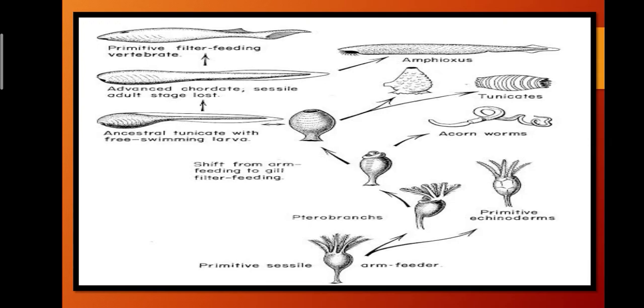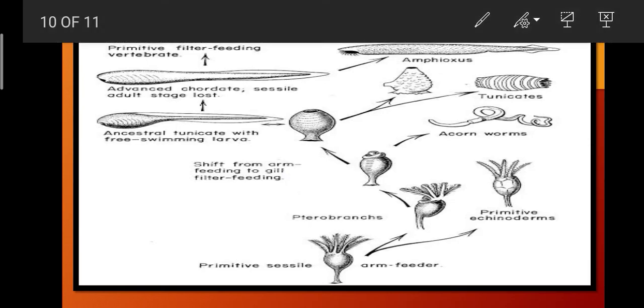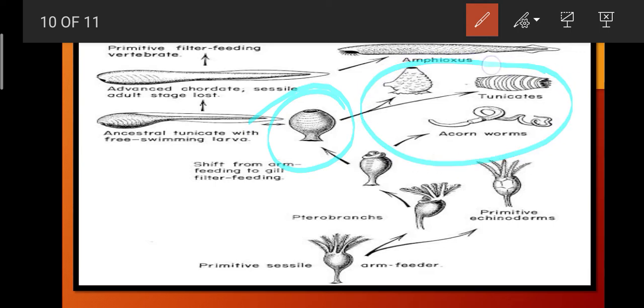Another thing is that I want to show you one picture. Here you can see how these Urochordates are getting transformed. This is the Urochordate larva, which transforms into the tunicate, or Herdmania, or any other Urochordate.